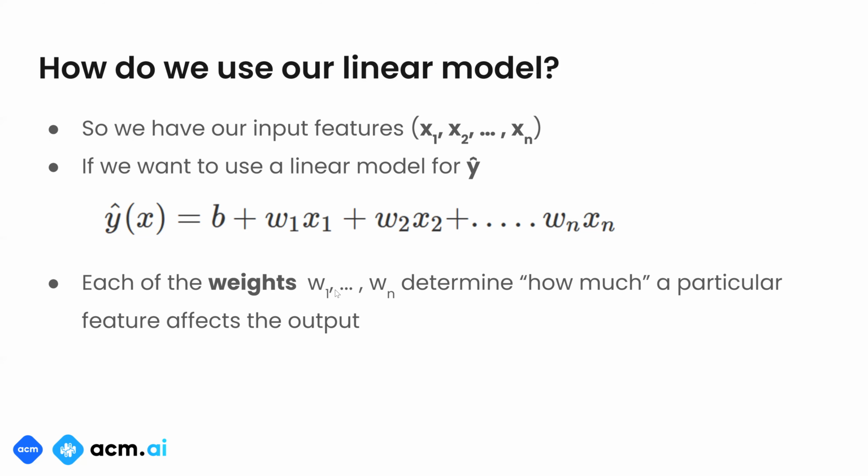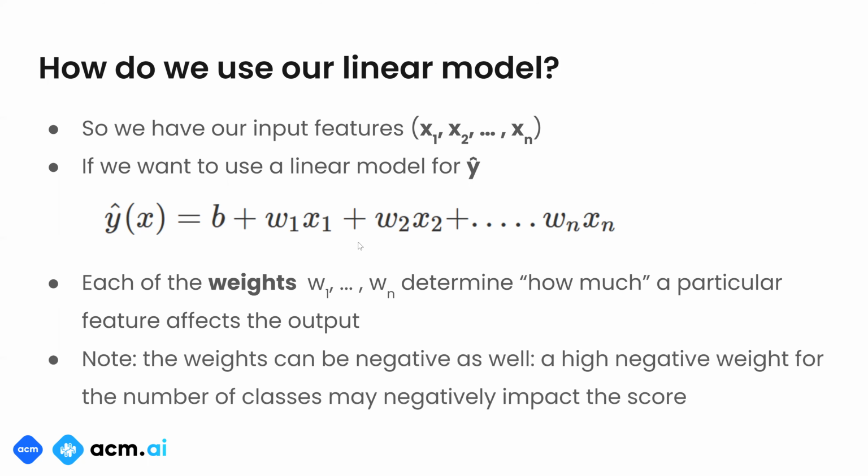The way you think of this intuitively is that each of the weights determines how much a feature matters, right? If this weight was 0, it means this feature doesn't matter at all. If this weight is 10 million, it means this feature matters a lot. That's the intuitive way of thinking of it. And one more note, these weights can be negative.